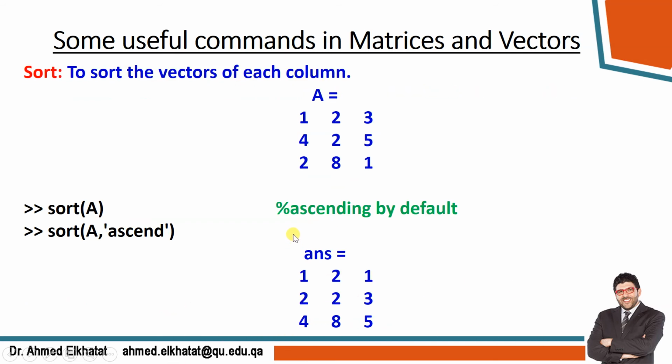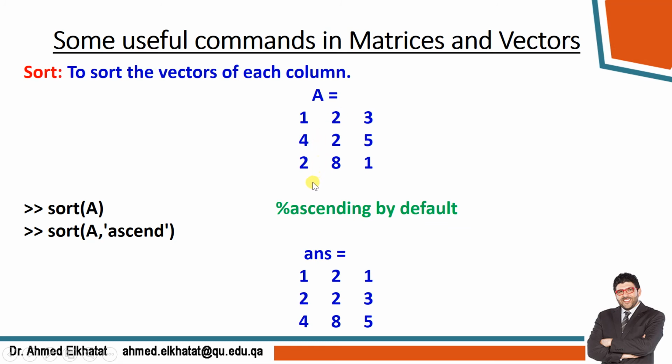Another good option is sort. Sort sorts the vector in each column, and the default is ascending sorting. For example, if you sort A, it will be 1, 2, 4, 2, 2, 8, 1, 3, 4. So it sorts ascending by default.